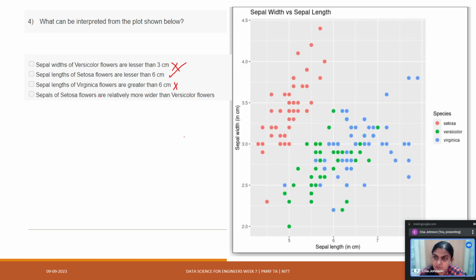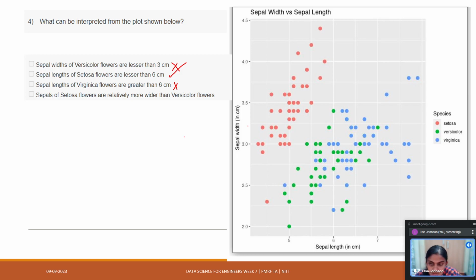And sepals of setosa flowers are relatively more wider than versicolor flowers. For setosa flowers, the sepal width is like this. So sepals are relatively more wider than versicolor. That is also true. Sepal width is here.